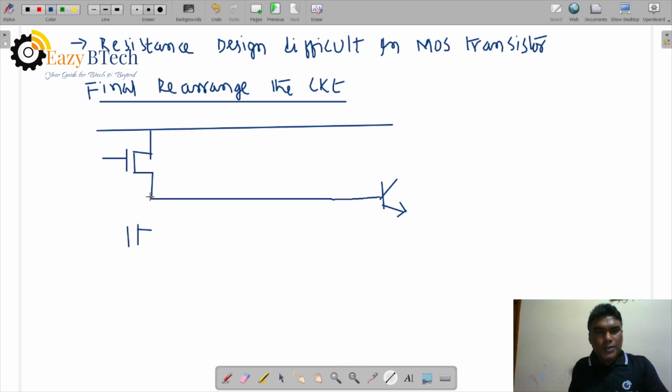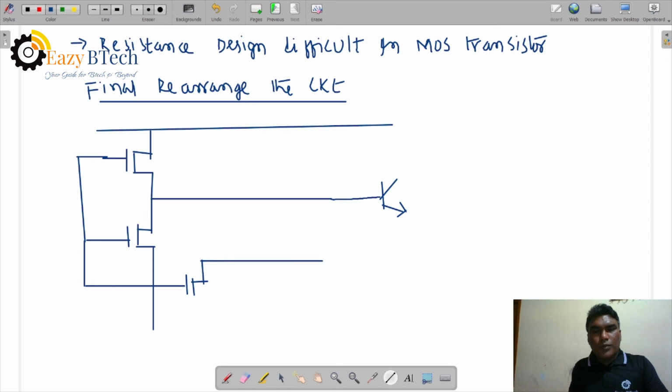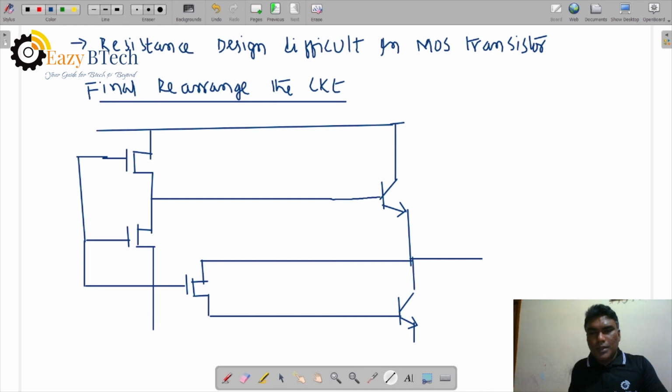Now here one NMOS transistor is added, and also the transistor T4 from here is placed over here. Now the bipolar transistor over here, and from here it will take an output. Now this is connected to ground.